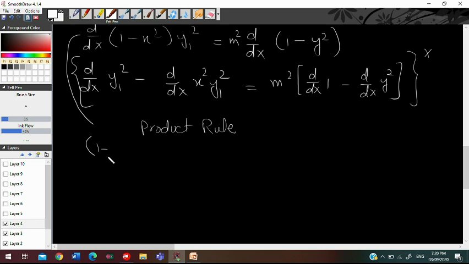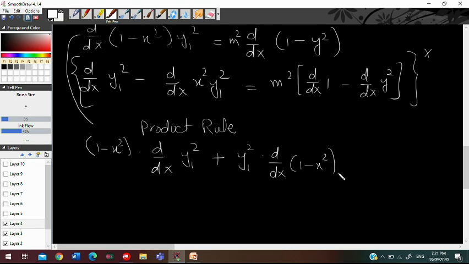If you apply the product rule, this is the first function: you leave the first function and apply the derivative on the second function, and then leave the second function and apply the derivative on the first function. On the other side, m², you know that the derivative of 1 is 0, and you get minus the derivative of y².